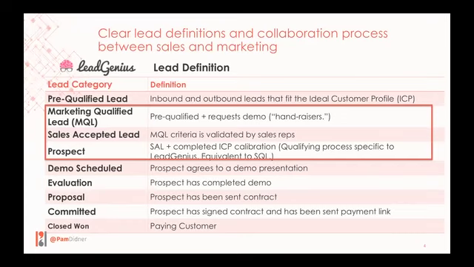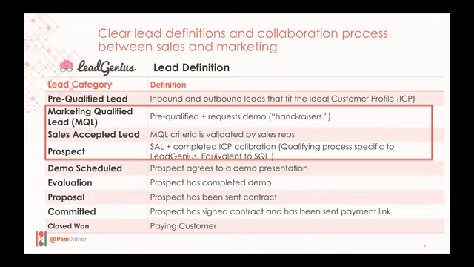As long as there's any kind of high quality inbound and outbound leads, that's actually PQL, which is pre-qualified lead. And the marketing qualified lead, they made it very, very clear. It's basically any kind of pre-qualified leads plus one specific action item that is request for demo, period. Right? So it's very, very clear in terms of how they define MQL.